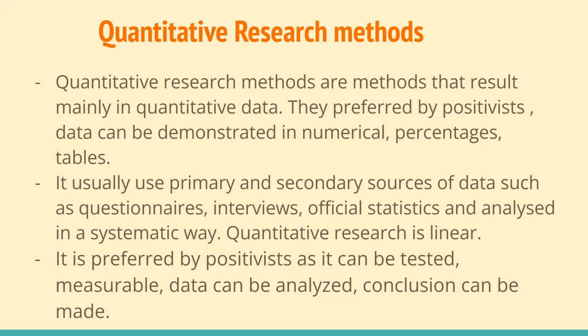Quantitative data is linear, meaning it follows a step-by-step procedure, hence systematic. Finally, quantitative research method, as mentioned previously, is preferred by positivists as it can be tested, it can be measured, data can be analyzed, and your conclusion can be made.